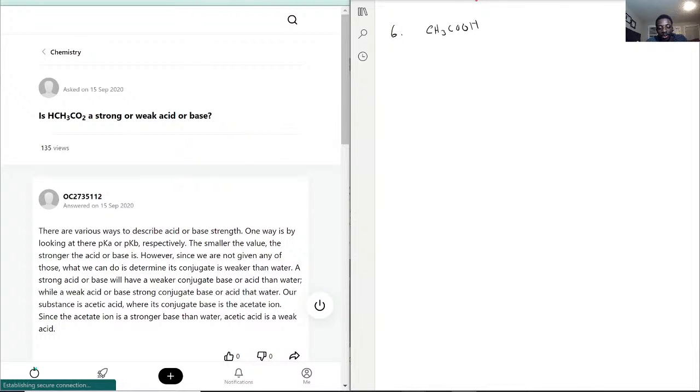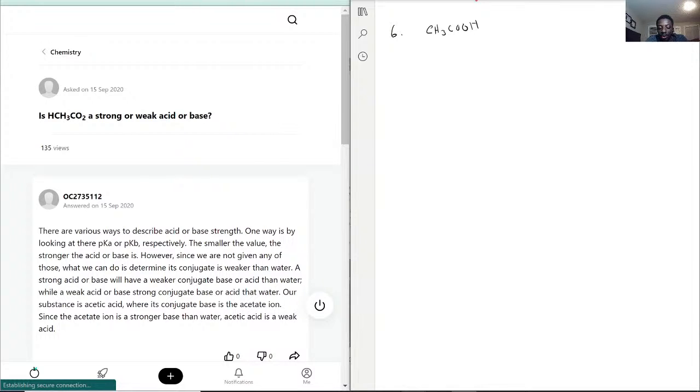I prefer to write it like that because it helps me see it a lot better. And now that I know it's that, this is actually just acetic acid. With that being said, let's focus on the question at hand and make sure we have the right molecule. So 2 C's, H3 here, an H at the end, and 2 O's. Okay, so we do have the right one here.